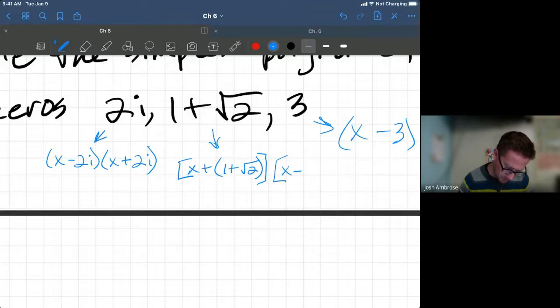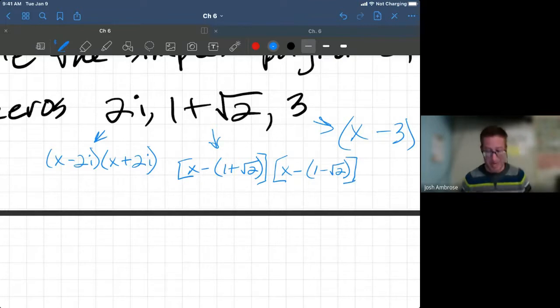oh, sorry, one thing I just noticed here. That should be a minus sign. My fault. Do not want to have a mistake early on. All right. And then we have our parentheses 1 minus radical 2, close parentheses, close bracket.